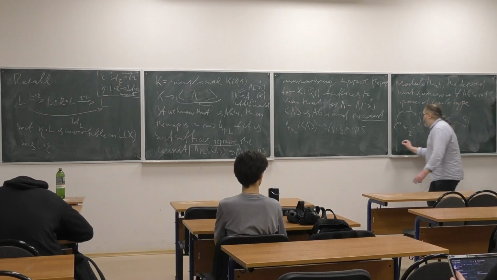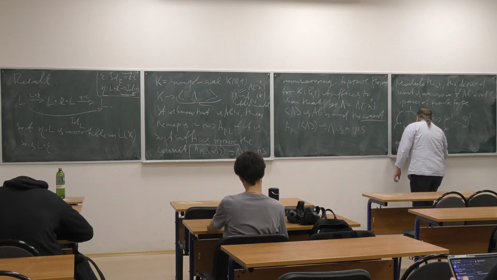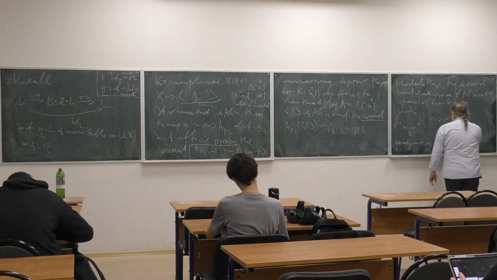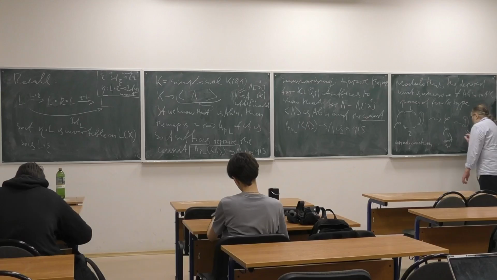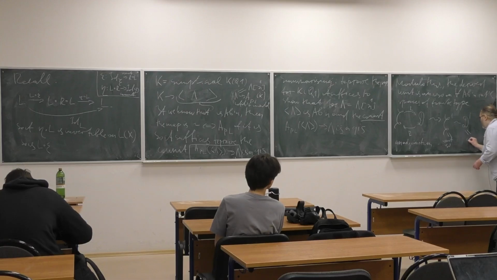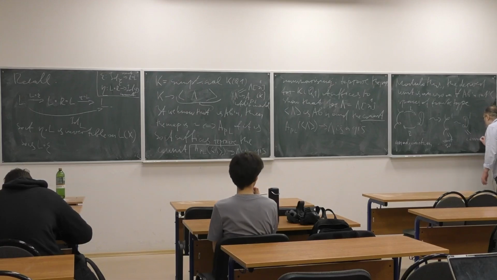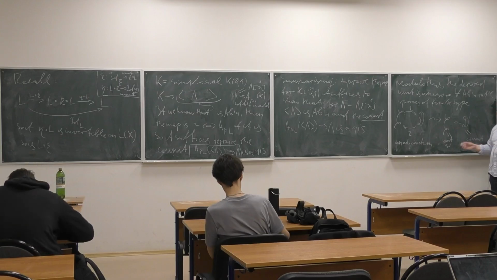If we have an adjunction, then we have an equivalence of the full category of C such that the unit is an isomorphism, and the full category of D such that the co-unit is an isomorphism. Okay, what does this tell us?